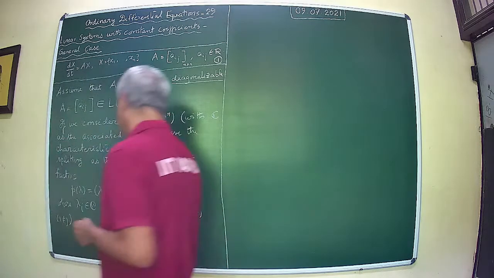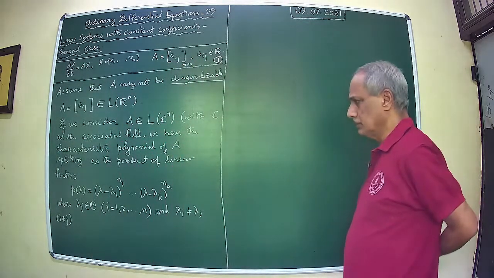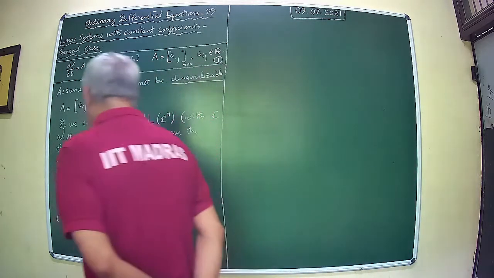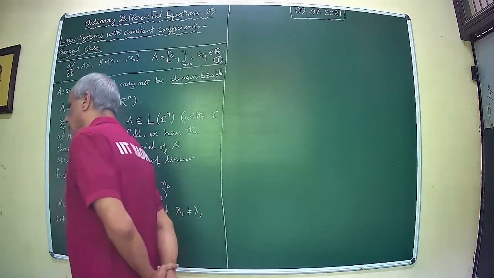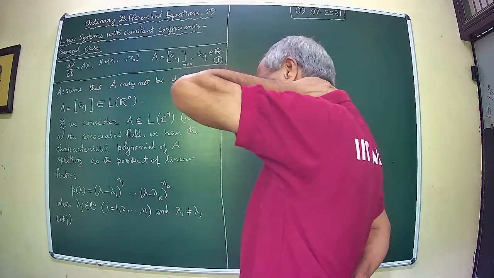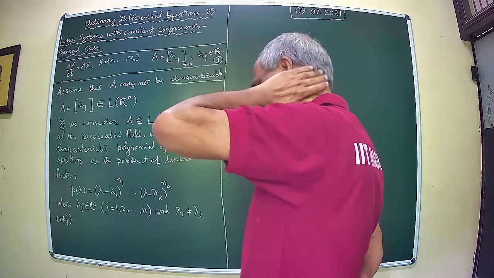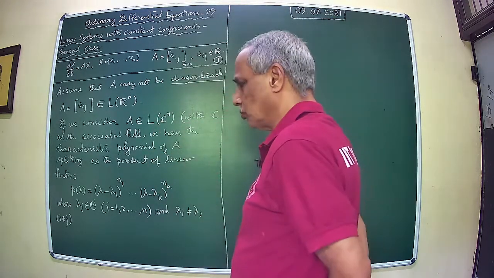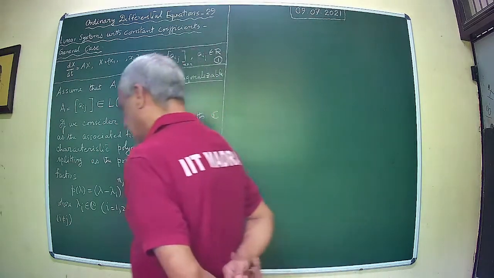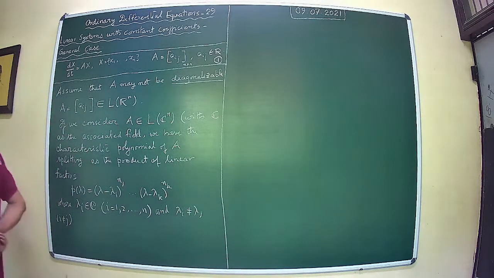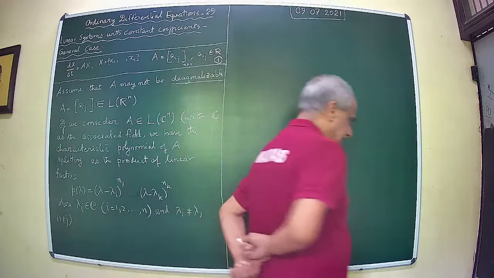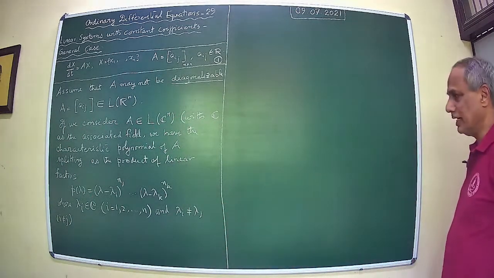This is the scenario that you have. The problem that you encounter is that if you take A minus lambda I, the null spaces, put together, do not span C. So that is the difficulty that one encounters.